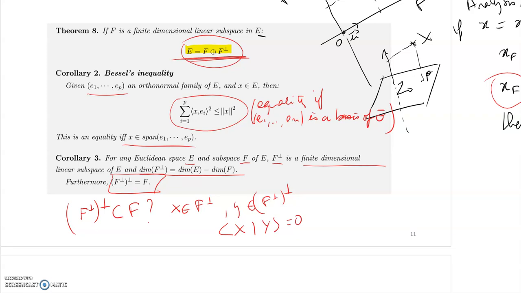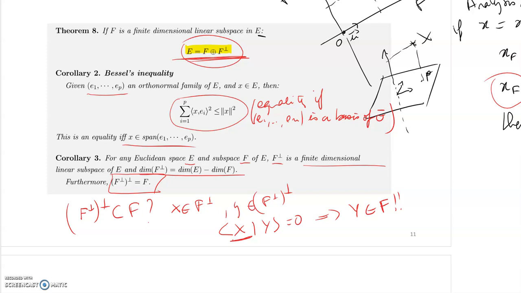So for any x that belongs to F orthogonal and any y that belongs to the other space, it's equal to 0. So that means that y belongs to F also.